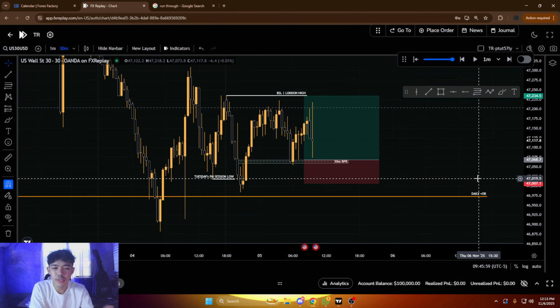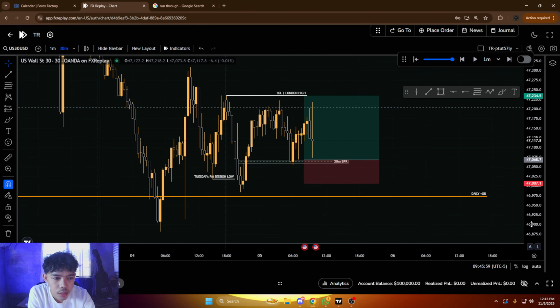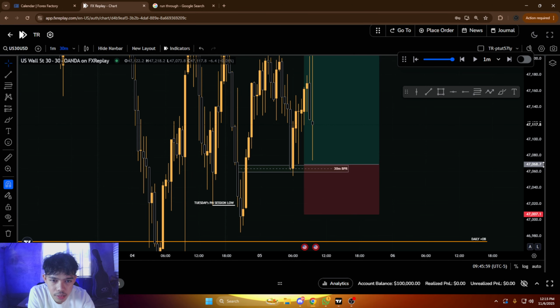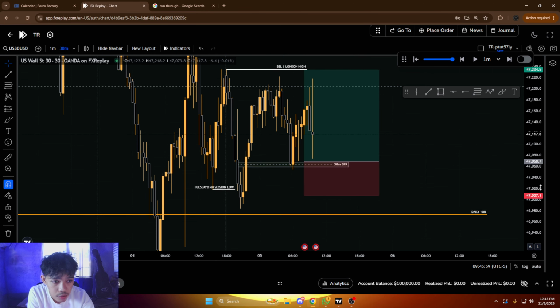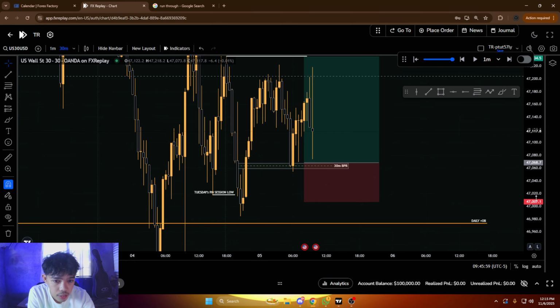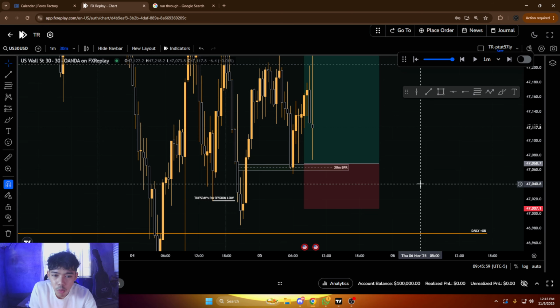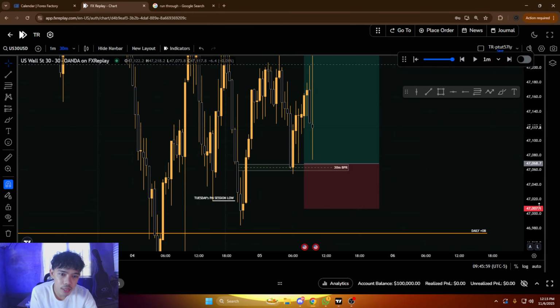Kasi, this just proves how precise the concept is. The concept na ginagamit ko, which is ICT concepts. It's so precise na sometimes you will miss a trade by a tick, by a pip. Sobrang konti na lang, 1 pip, 1 tick na lang yung kulang, di pa ako na-fill.